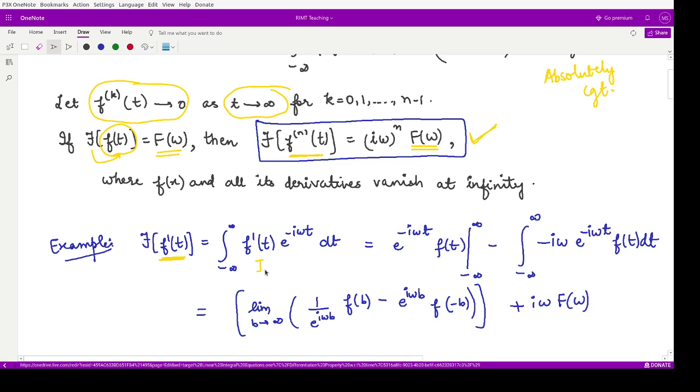So I'll call this the first function, this the second function. Why? Because we'll perform the integration of the second function. So first function as such, the integration of second would be the function itself, its limits from minus infinity to infinity, minus integration, the derivative of the first one, so the derivative of this quantity.